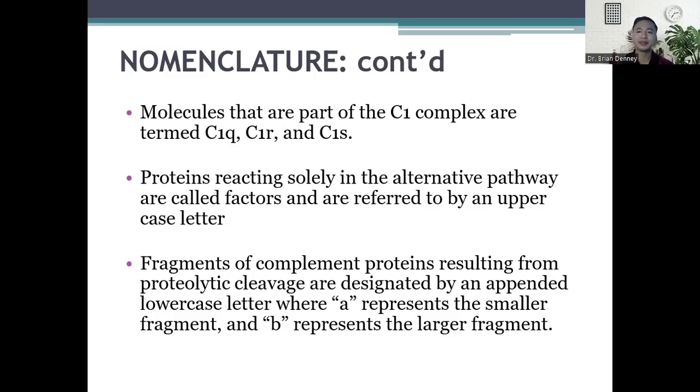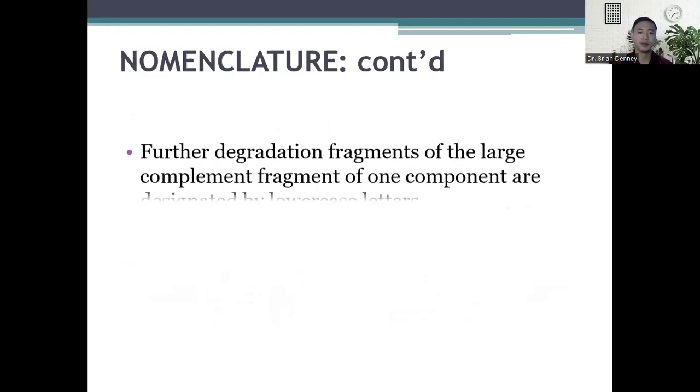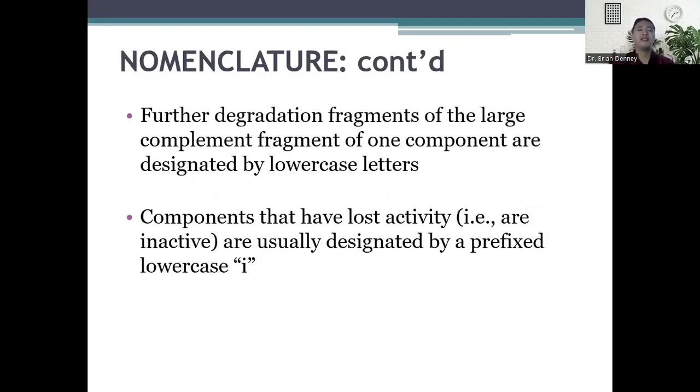Okay? Further degradation fragments of the large complement fragment of components are designated by lowercase letters. So I mentioned that already. Components that have lost activity are inactive and are usually designated by a prefix lowercase i. Prefix meaning before.